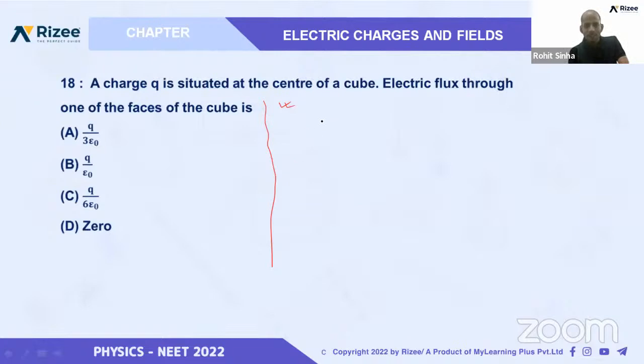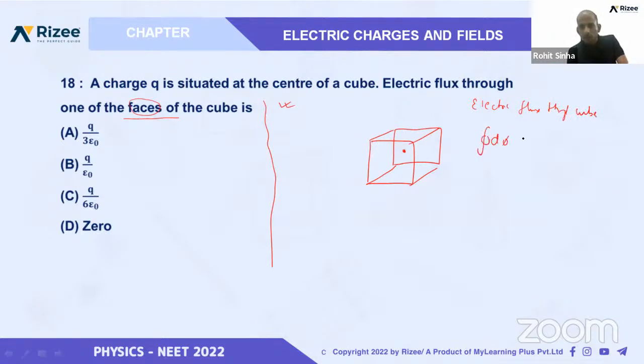Now, let us see. It is telling that a charge Q is placed at the center of a cube and asks what will be the flux through one of the faces. Remember, if it is asking what will be the electric flux through the cube, then it will be phi total equal to q enclosed by epsilon naught, that is q by epsilon naught.